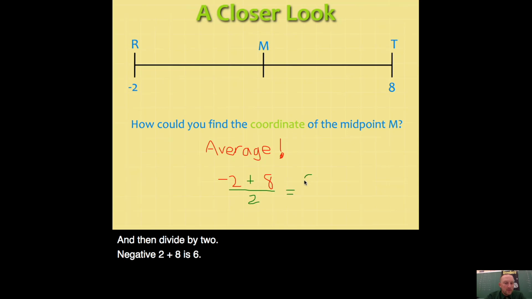So make sure you have that value first. Then divide by 2. So our midpoint has a coordinate of 3.